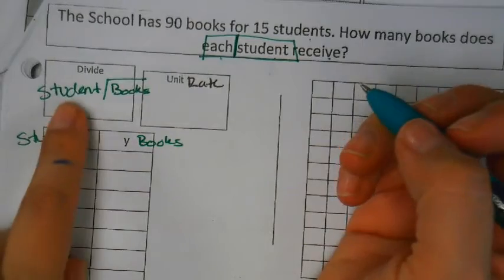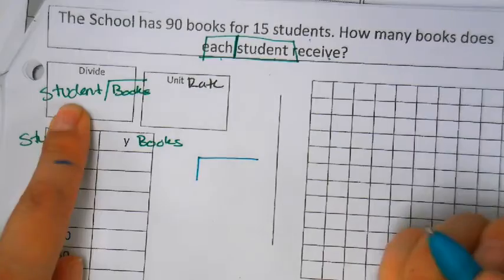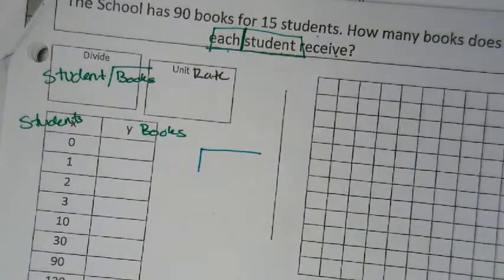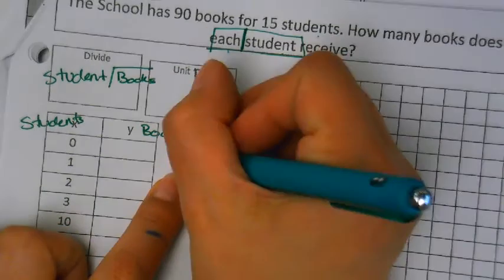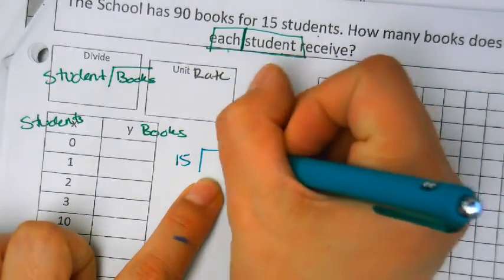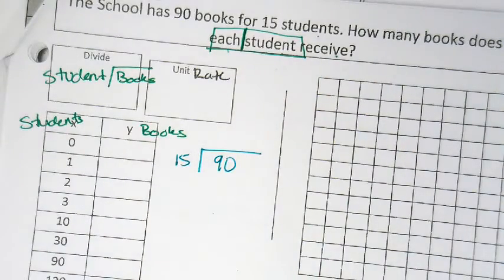All right. Students. How many students? What number goes outside? 15. What number goes inside? 90. All right, what's our unit?